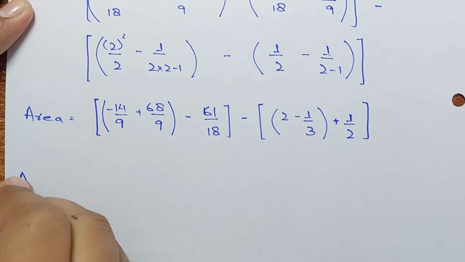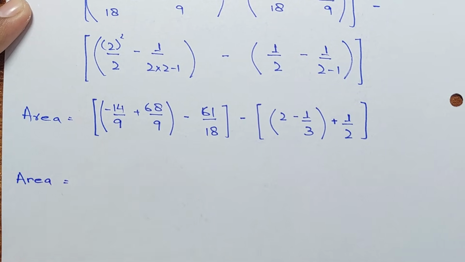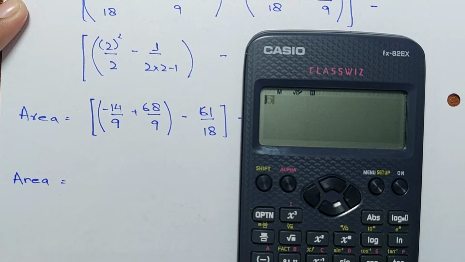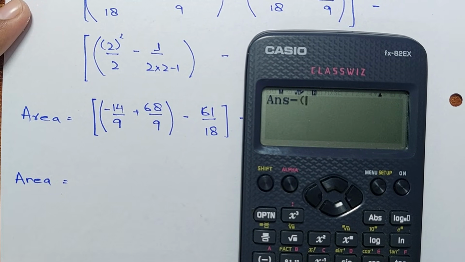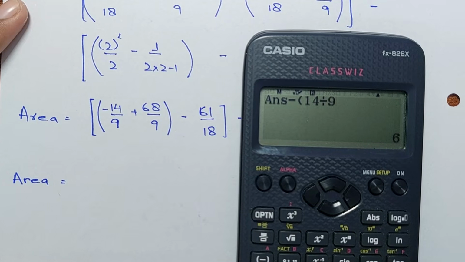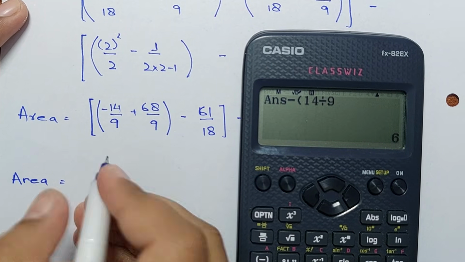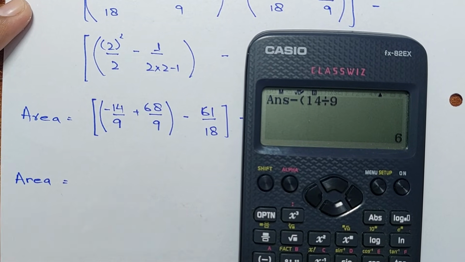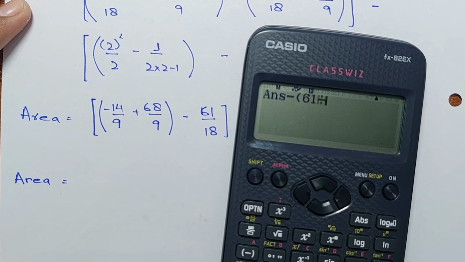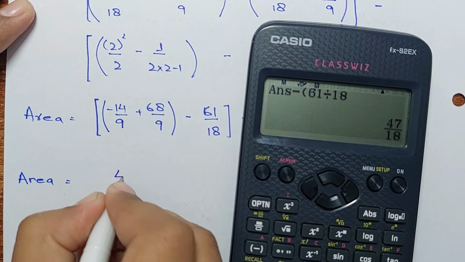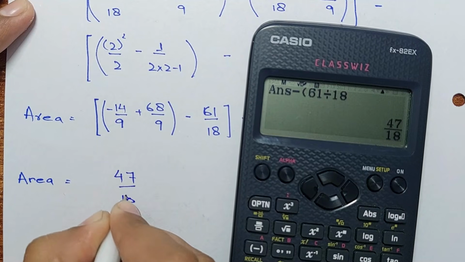Okay. 68 over 9 minus 14 over 9 is 6, and subtract 61 over 18, which gives 47 over 18.